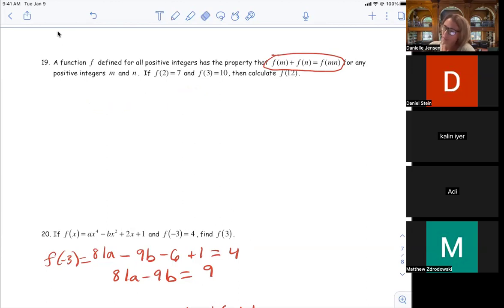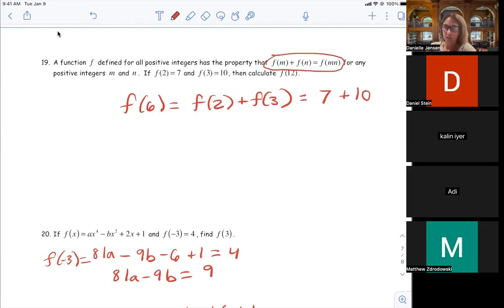Okay, wait, let's back up. So you said f of 6 equals f of 2 plus f of 3? Yeah. Okay, great. And then I took that f of 6, which is really just those two, and then I did that, and the f of 2 again, and that would give you f of 12.